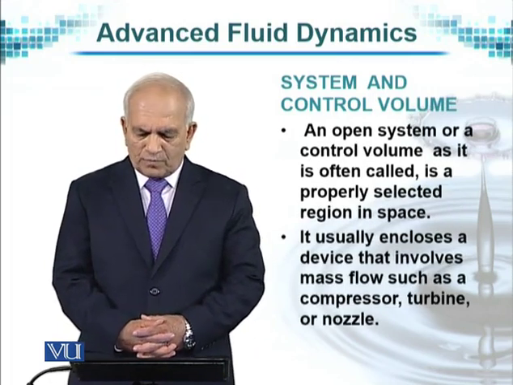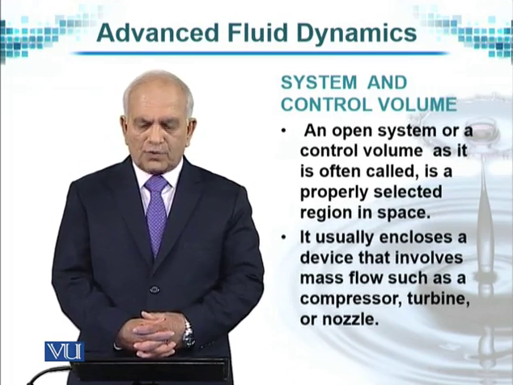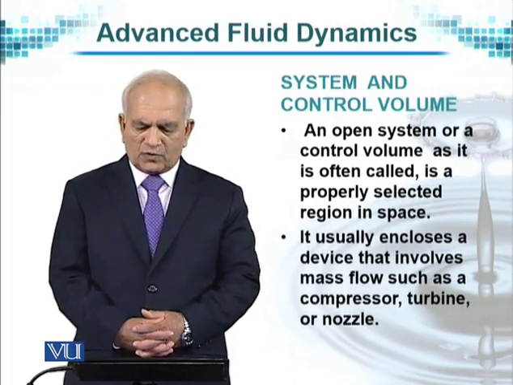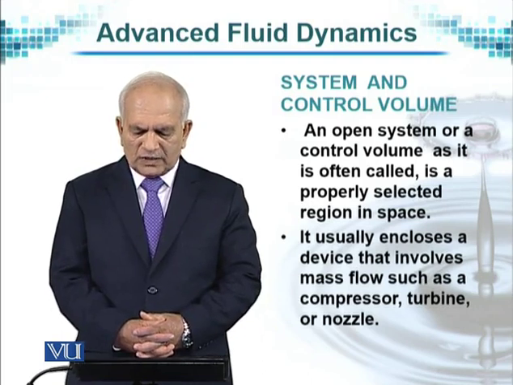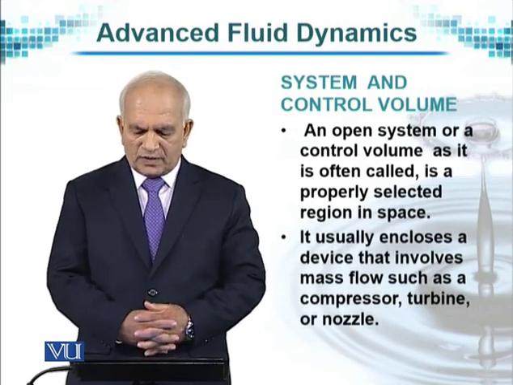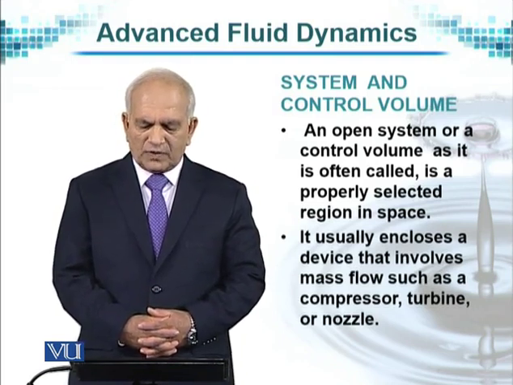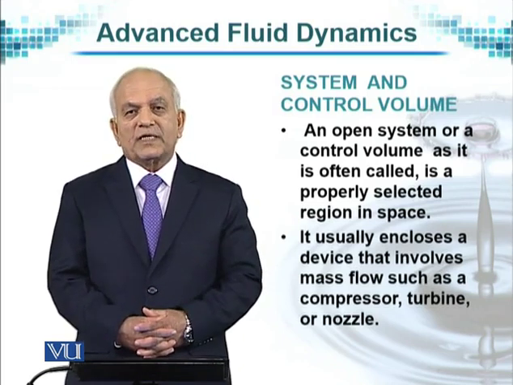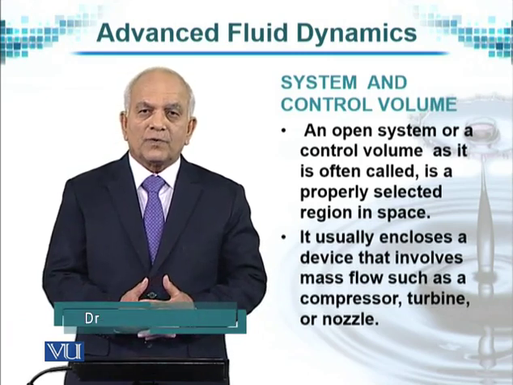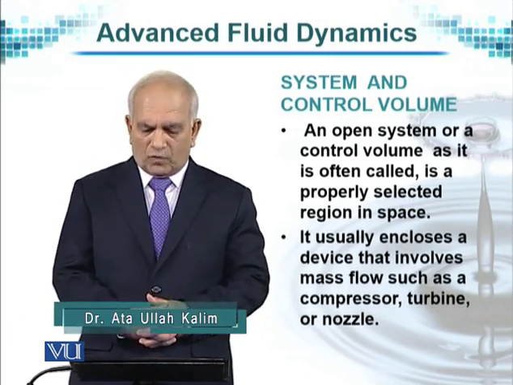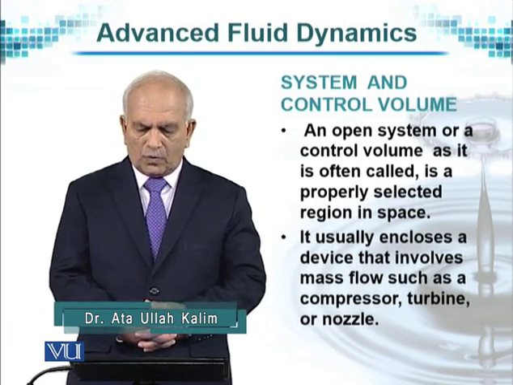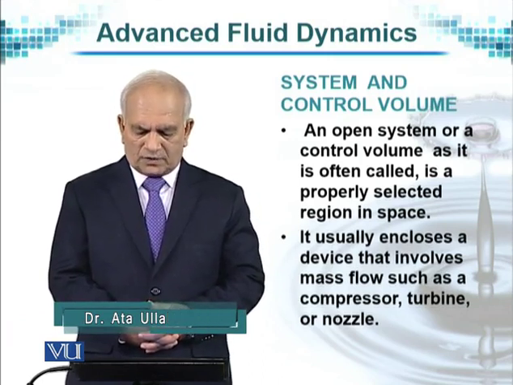An open system, or a control volume, as it is often called, is a properly selected region in space. It represents the typical fluid flow condition that we want to consider, analyze, and discuss.